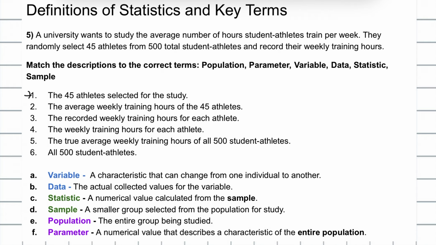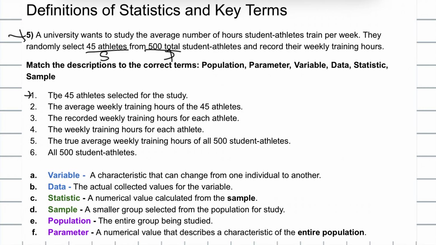So let's read the word problem first of all. A university wants to study the average number of hours student athletes train per week. They randomly selected 45 athletes from 500 total students. I know this is a sample, and this is the population, and they record the weekly training hours. So I already have an idea of what's happening.